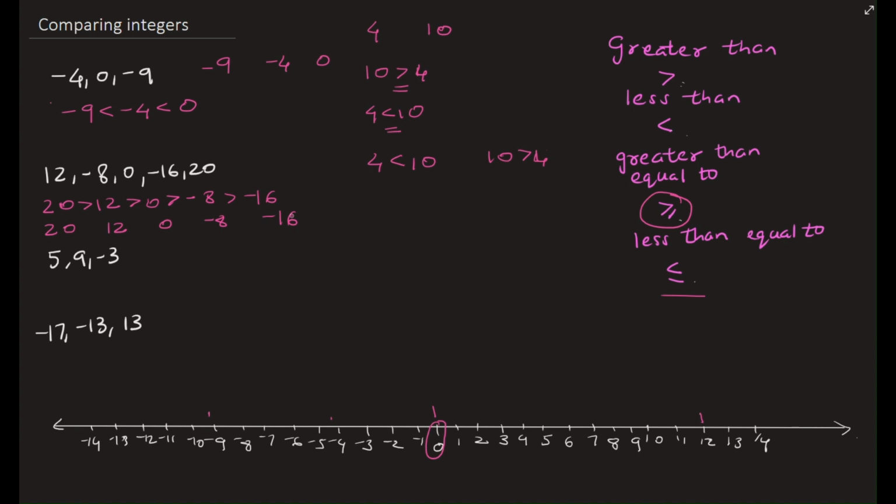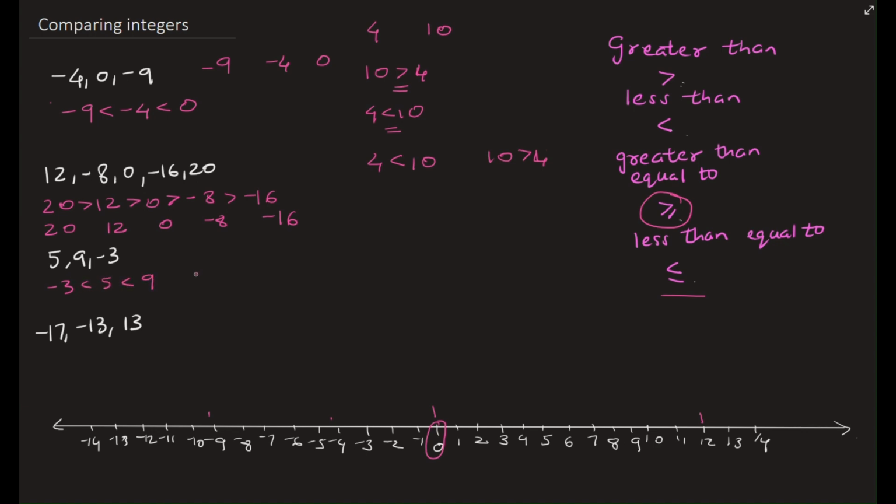The next sum is 5, 9, and negative 3, and arrange in ascending order. So the only negative number over here is negative 3, which is the least. And then the greater number is the first positive number, which is 5.